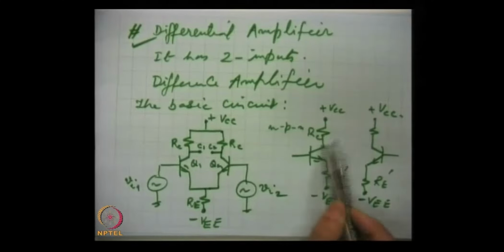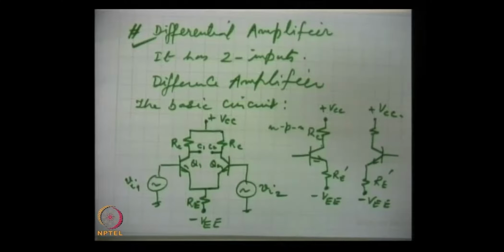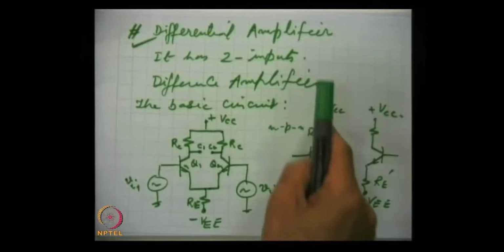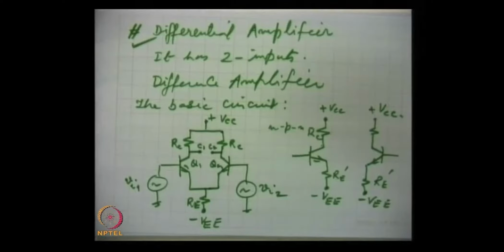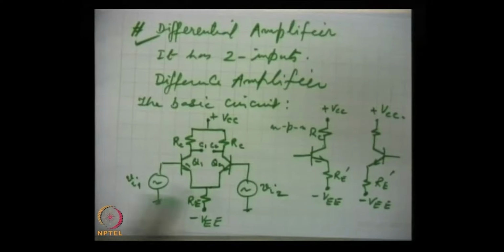So, this reverse biases the collector and this forward biases the base emitter of the NPN transistor. Now, this is forward bias, this is reverse bias. So, this is an amplifier which will work in the active region of the IV characteristics, and when we couple the two, this is the shape which is the differential amplifier.